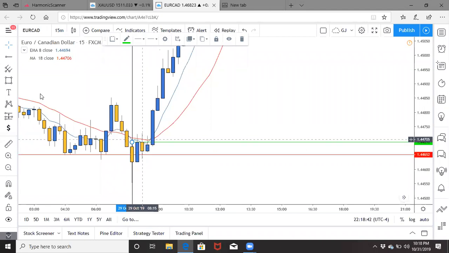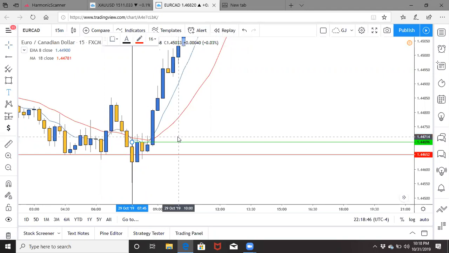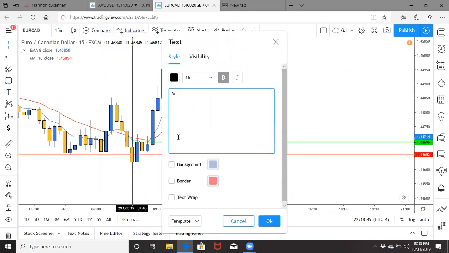So based off of the fact that you knew you were at a support level and you knew you had just made a double bottom or triple bottom, however you want to call it, right? M15 entry.